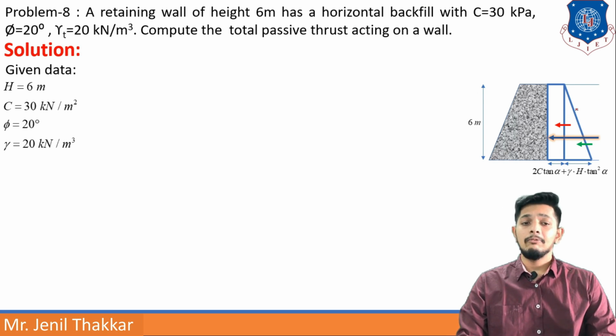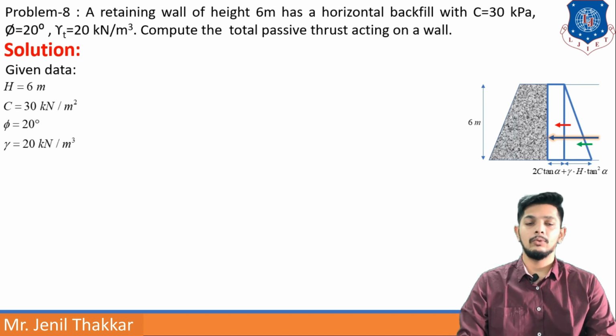Again, the pressure diagram will act like this: one rectangle, one triangle, as there is a surcharge ideally in the passive earth pressure force. Here a red arrow is showing a rectangular pressure force, green arrow is showing triangular pressure force, and the blue one is the average or mean of both, or total pressure force.